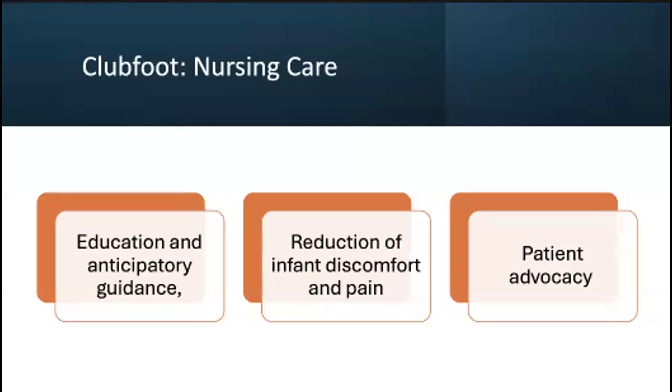It helps improve treatment adherence and patient outcomes. We want to make sure we're using lay terms, not scientific language. We want to explain that the cause is not fully known, but when we do this treatment, the foot should have normal development, and the child is expected to have normal development.